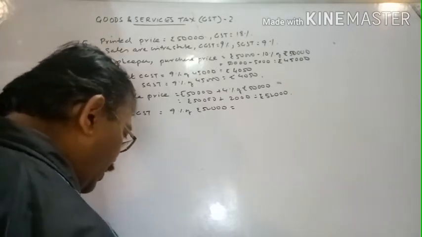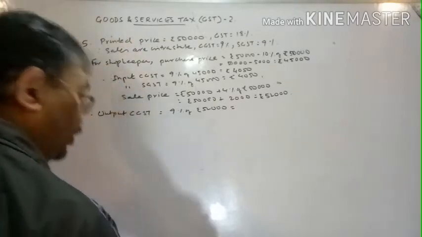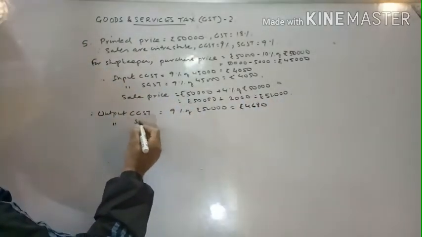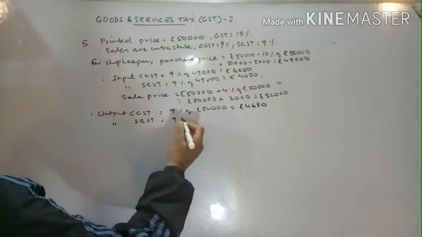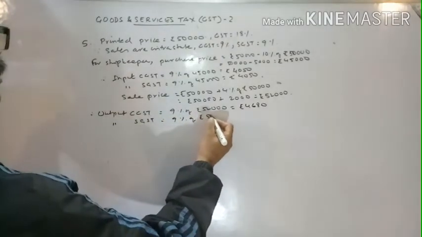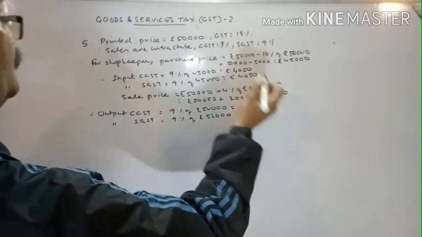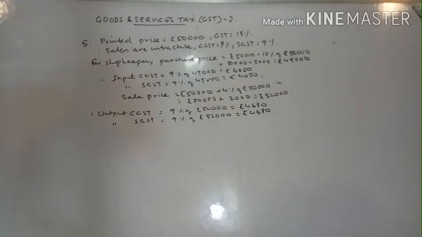That gives you rupees 4680. So output SGST is also 9% of rupees 52,000, the same as 4680. Okay, so this is done now.